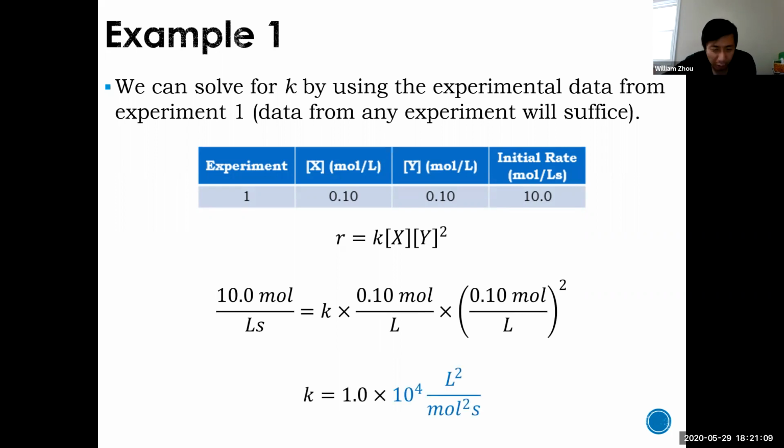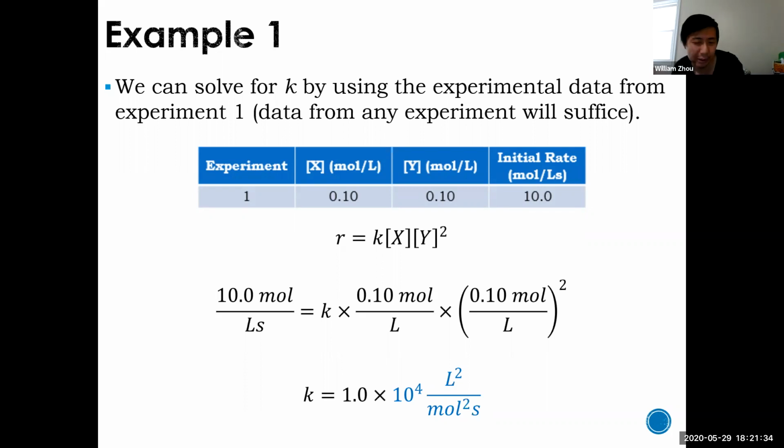k is 1.0 times 10 to the power of 4, and the unit is liters squared per mole squared per second. Does the unit really matter? The answer is no. If you just look at that unit, that looks ridiculous. The unit doesn't matter because, again, k could be basically anything.